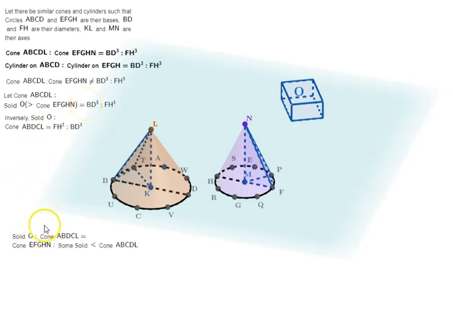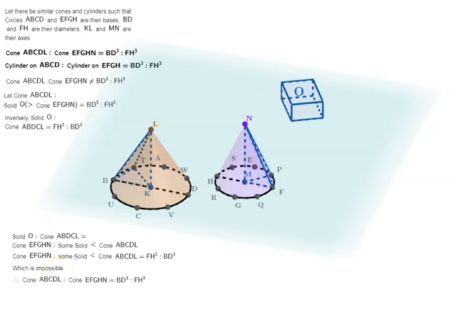Solid O is to cone ABCDL is equal to cone EFGHN is to some solid less than cone ABCDL. So basically the second case, we are converting it in such a way that we end up with case 1. So cone EFGHN is to some solid less than cone ABCDL is equal to FH cube is to BD cube, which we have already seen in the previous case that it is impossible.